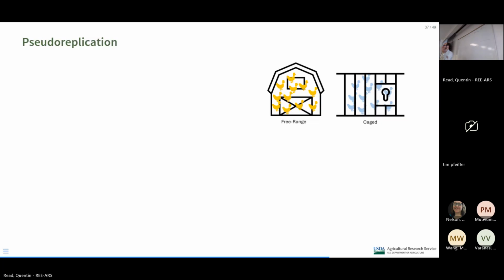So there's really only one, the treatment is free range versus cage, but it was only randomly assigned to one entire group of hens got free range and one got caged. There's only one replication for the experimental unit.